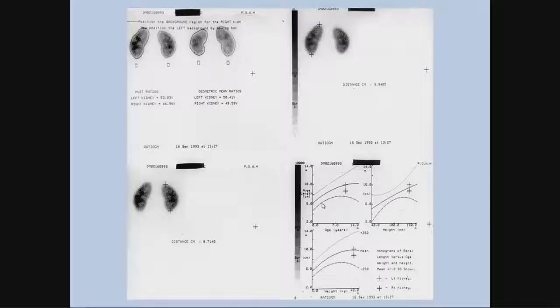When we acquire the DMSA, we acquire the image for 5 minutes, and there's going to be respiratory excursion, so the kidneys are going to move up and down. And on ultrasound, the child has to take a deep breath in and hold it to get that maximum longitudinal axis, and sometimes they're not so cooperative in taking. So, we generally measure a bit longer than ultrasound.